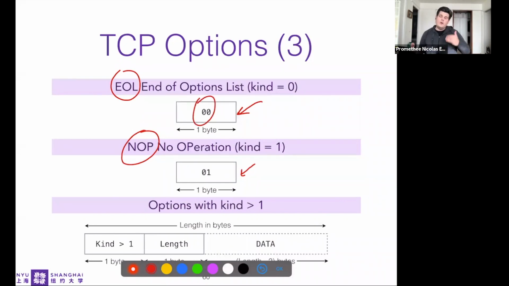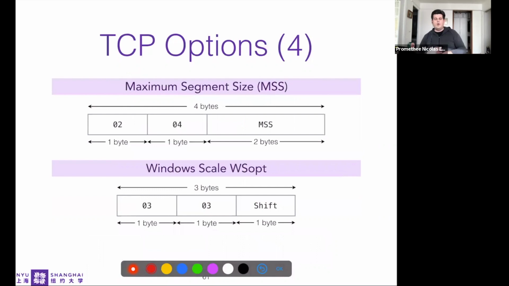Any other options will always be specified as a first byte with the kind, so it's a type, then the total length of the option, and, if any, the data that comes with the option. So let's take a few examples. We have what we call the maximal segment size. What do we mean by that?